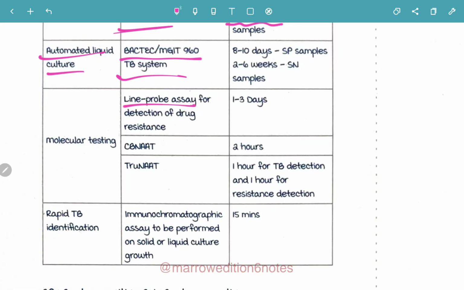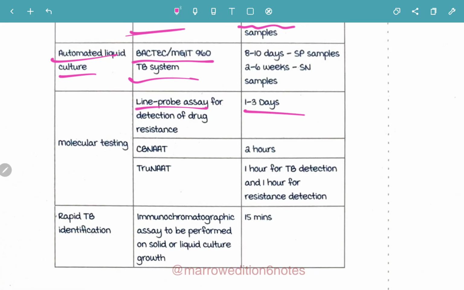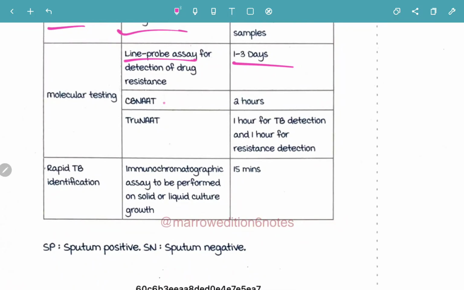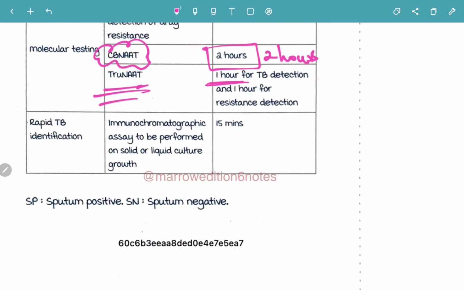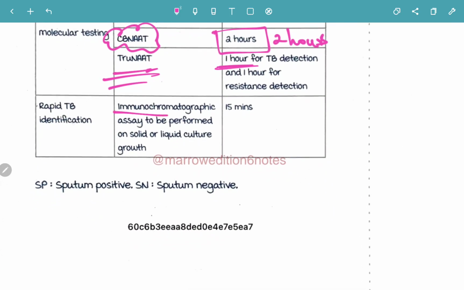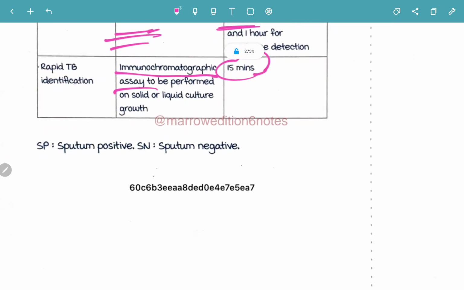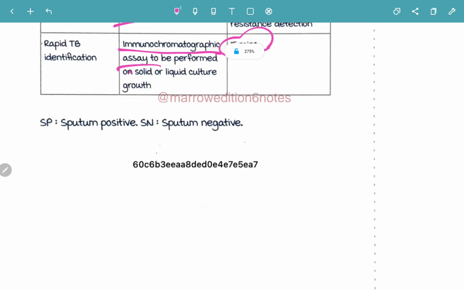And then you have your line probe assay, detecting drug resistance. It takes around 1 to 3 days. Your CBNAAT takes around 2 hours. Very important, just 2 hours. Your TrueNAT takes time around just 1 hour. Your immunochromatographic assay takes around 15 minutes. But because you need to perform it on solid and liquid culture, it takes more time.